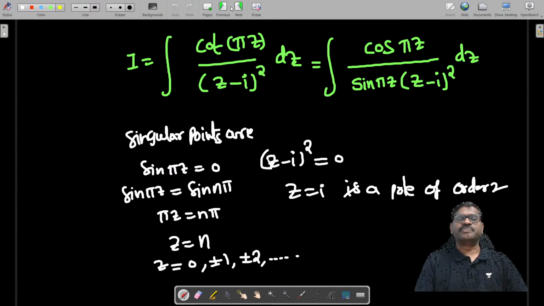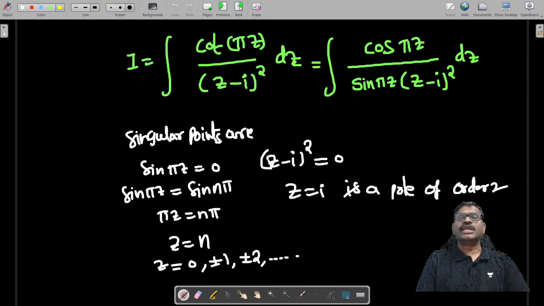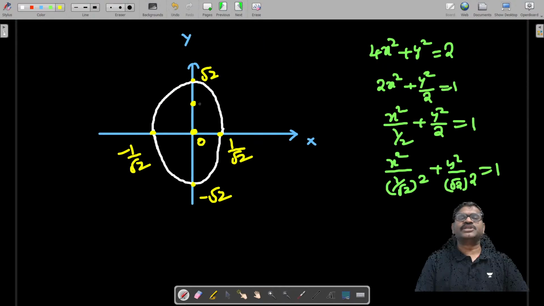In our problem, 0 lies inside. i also lies inside because it is root 2 i, meaning 1.414i.